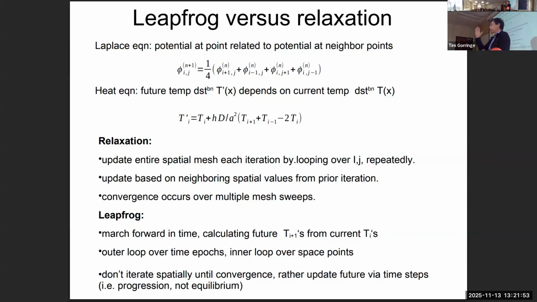And at each step we walk vertically up and down in space to calculate the temperature of all the spatial locations. So we're not iterating in the leapfrog method. We were iterating in the relaxation method.